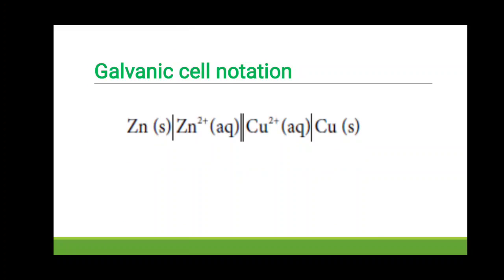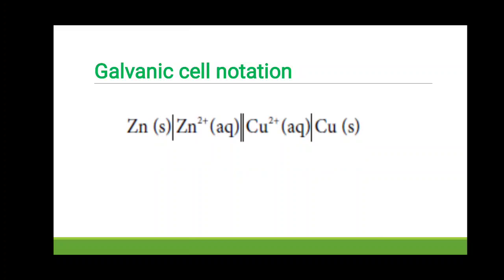Here, between zinc and Zn2+, a single vertical line is used. Likewise, between Cu2+ and copper, the same vertical line is given. Between the anodic and cathodic parts, a double vertical line is also given.